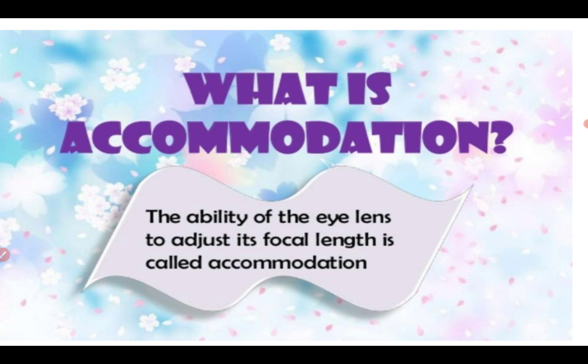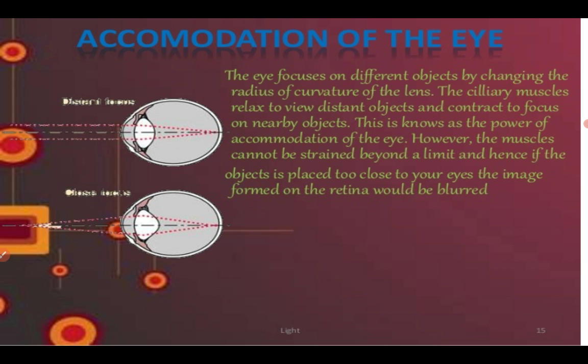Second, we have to study accommodation. Student, you know that we have to see different types of things. Some things are situated very near to us and some things are situated far away from us. In both conditions, we have to adjust the focus of our lens. Our lens is flexible and is controlled by the ciliary muscles. When the ciliary muscles contract, the suspensory ligaments that hold the lens also contract.